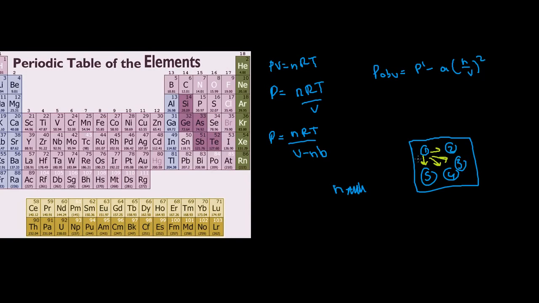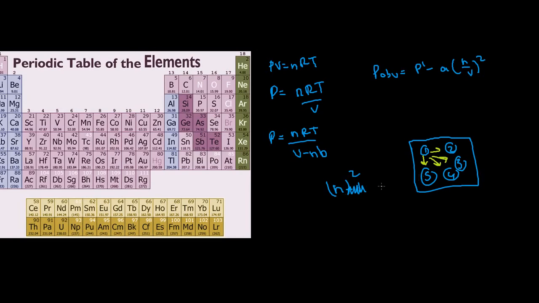Because if 1 were included, then the number of possible interactions would be 5 for 1, 5 for 2, 5 for 3. So it's 5 times 5, if I were to use this example. So it's going to be squared. Technically it's n minus 1 because 1 is not included, but I'm not going to include that.